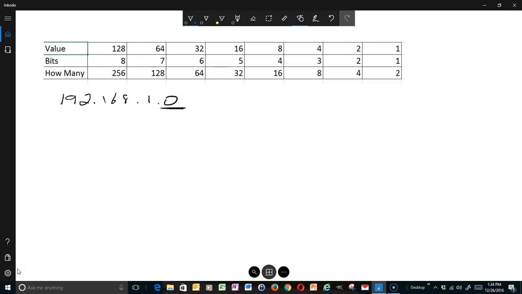And if we're going to subnet, we're going to take a network and make it smaller, and let's say that this one is 255.255.255.0. Okay, so we have a network, and for some reason we want to break it up into smaller components.